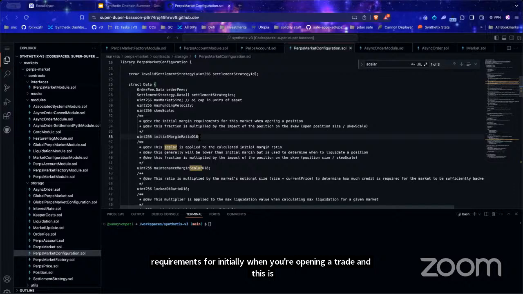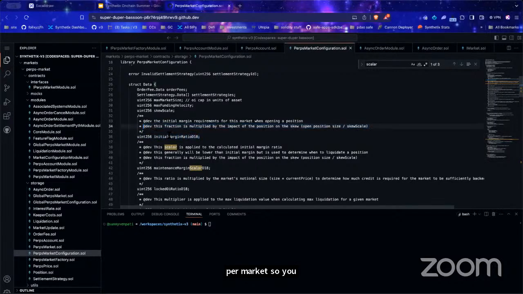So for ETH, you may not need a huge initial margin ratio, but maybe for Pepe or some other shitcoin, you probably want a much higher margin ratio, which forces the trader to have a larger margin when settling a trade, just in case there's more variability in price fluctuations. And this protects the system from forcing liquidations if your margin requirements are met.